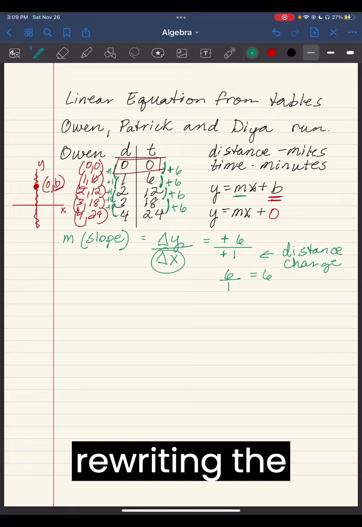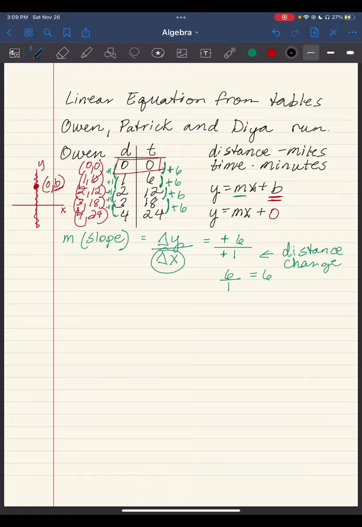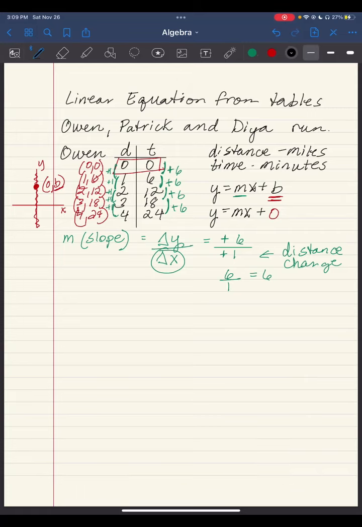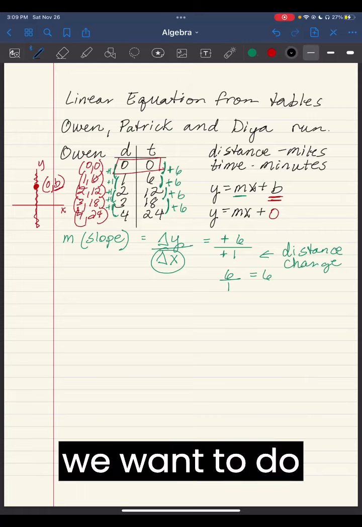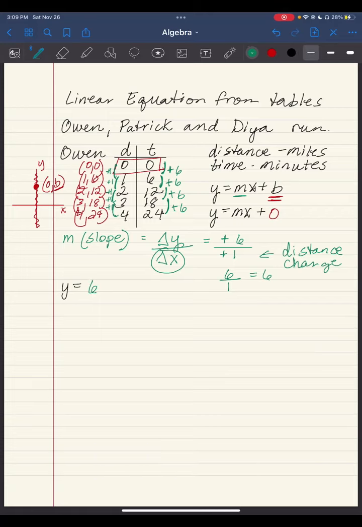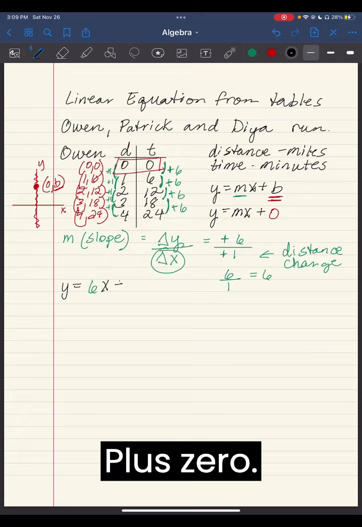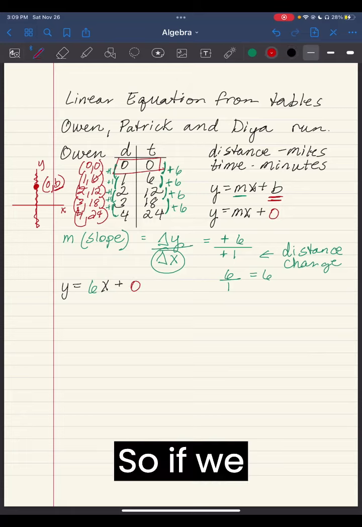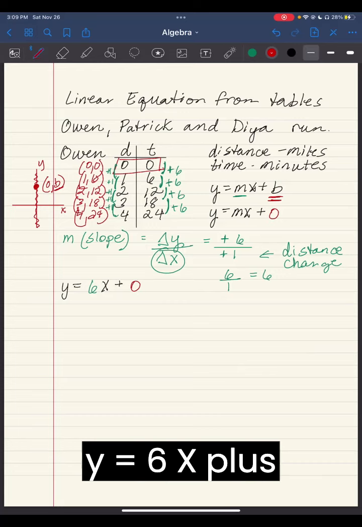So if we're rewriting the equation now, we started y equals, we're putting in a slope here, 6x plus 0. So if we wanted to put it in y equals mx plus b form, the slope is 6. You could leave it as 6 over 1 if you wanted, but you get y equals 6x plus 0.